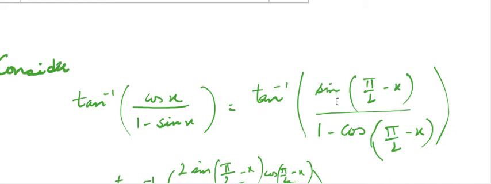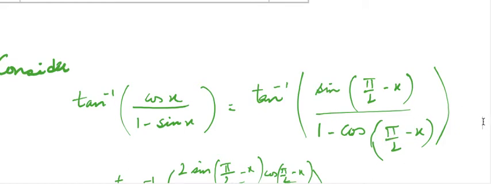So I can write cos x as sin of pi by 2 minus x. In the first quadrant, cos x means sin of pi by 2 minus x. They both are equivalent expressions. Similarly, sin x can be written as cos of pi by 2 minus x.